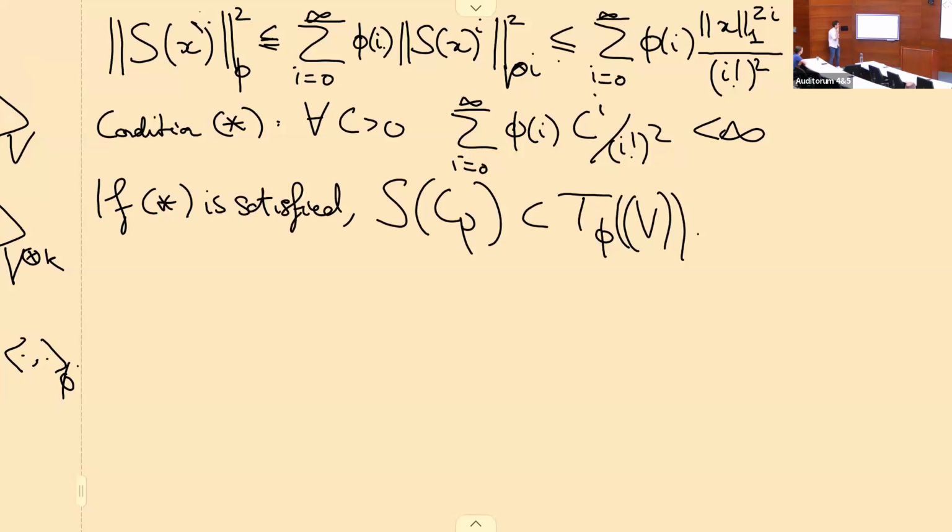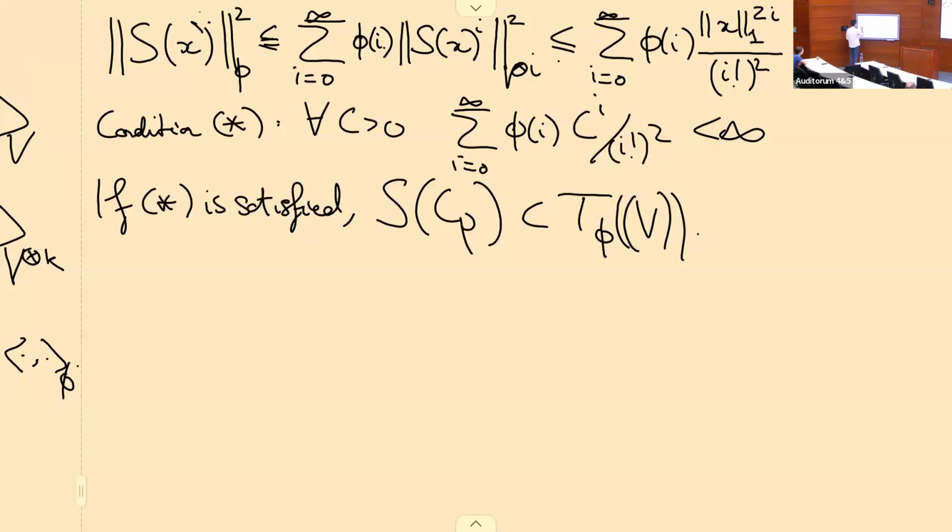Now, if I don't say otherwise, let's consider a phi that satisfies star, and I will give some examples. One simple example for phi satisfying star is taking phi to be constant, because the factorial always wins. But there are other choices.